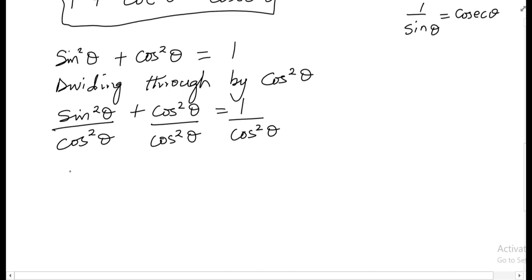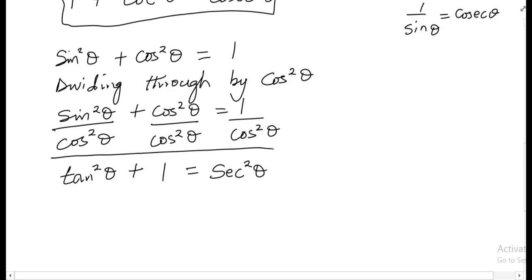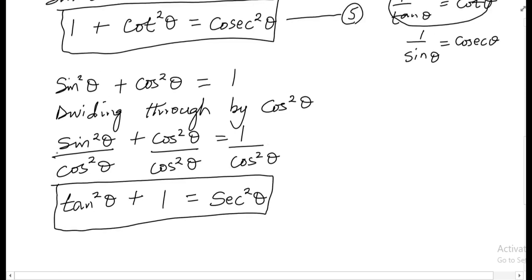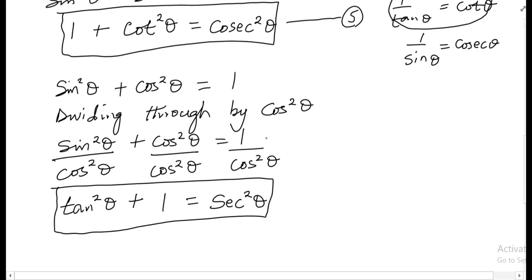So sine squared theta over cos squared theta will now be tan squared theta, plus cos squared theta over cos squared theta is 1, which is equal to 1 all over cos squared theta. Since 1 over cos is sec, 1 over cos squared theta is sec squared theta. So this is another identity. Let's tag this identity 6.